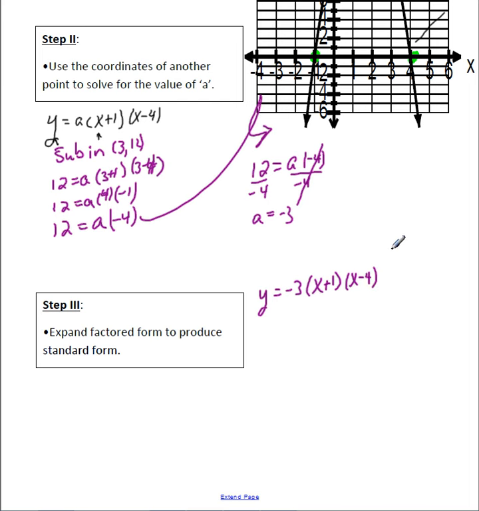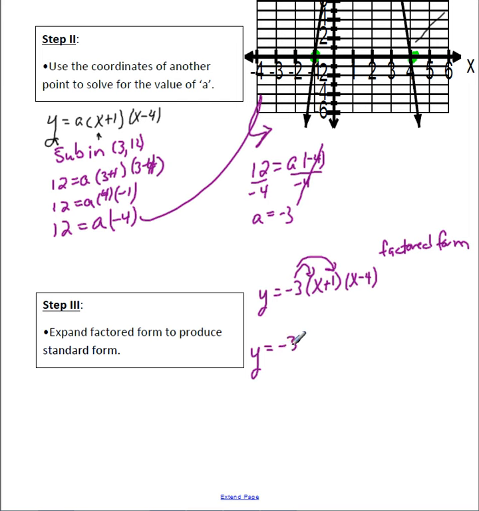So this is in factored form, and we want it in standard form. So we carry out our multiplications. I'll multiply the -3 to everything here. It does not multiply over here. We'll only multiply -3 once.